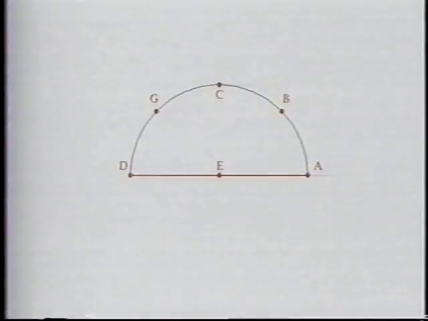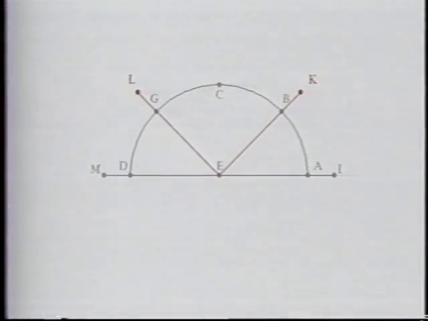Diameter AD is again the span of the arch. Extended to I and M by the thickness of the arch. CA is moved parallel down to EH in the extension of EG.